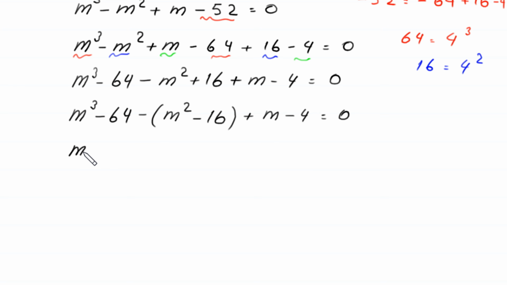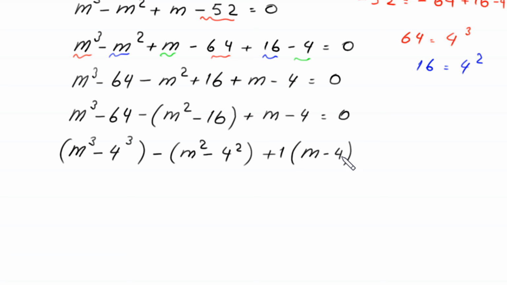Next, m^3 - 64, where 64 can be written as 4^3, minus (m^2 - 16), where 16 can be written as 4^2. From these two terms we can factor out plus 1, leaving in bracket m - 4, equal to 0.